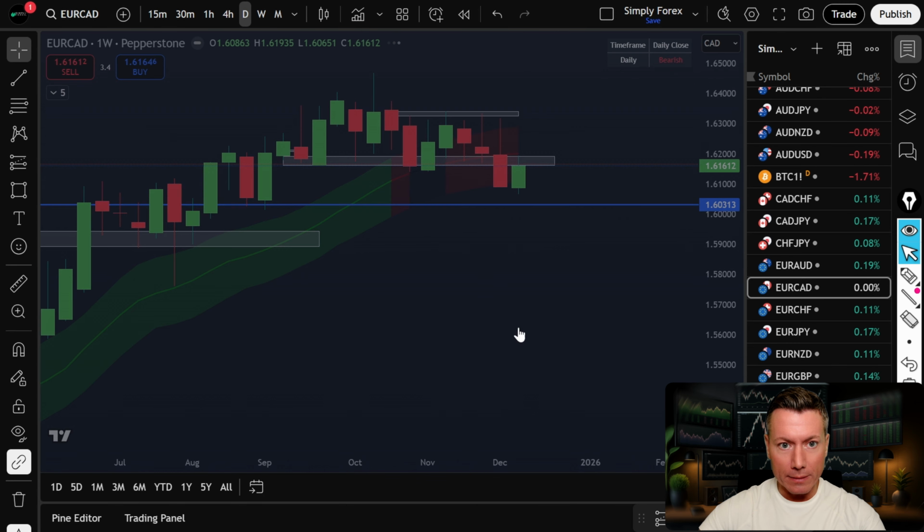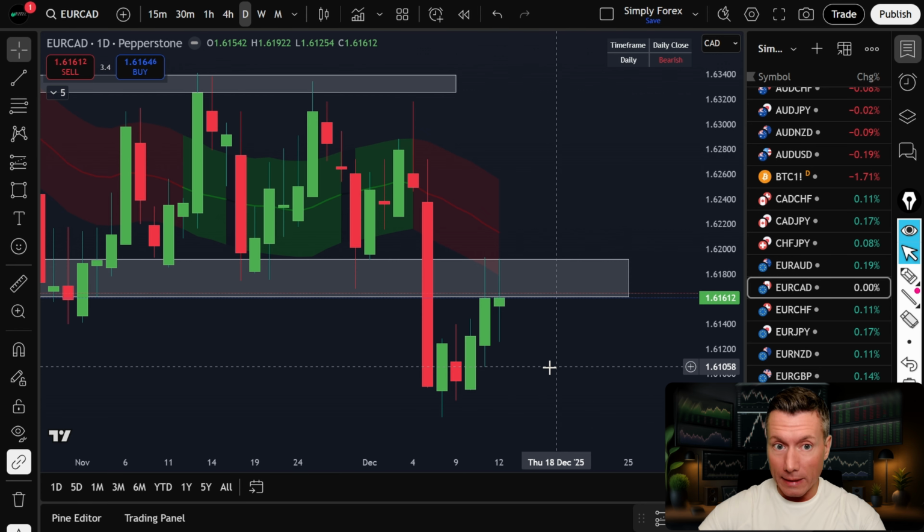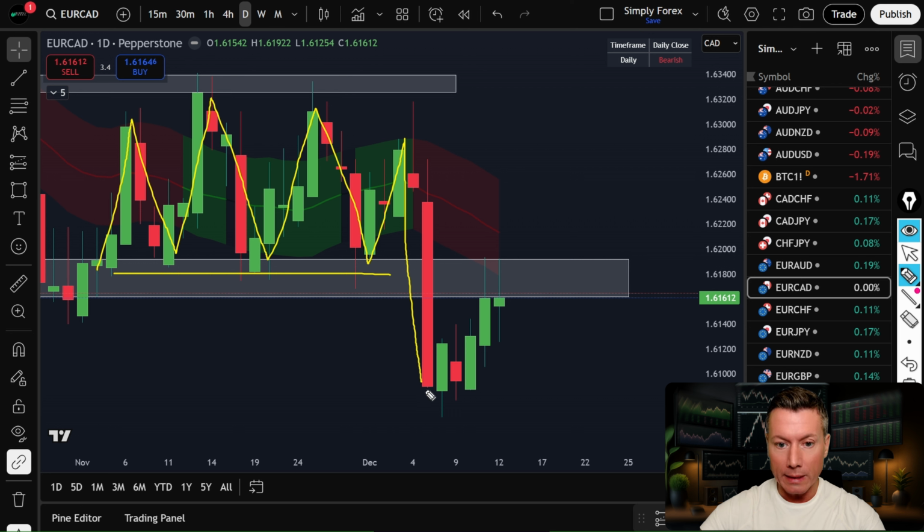If we drop down to the day chart now, like Canadian dollar Swiss franc, this could be a really nice setup for Monday morning. You can see on the daily that we were just kind of ranging here, then break of structure. We broke all of these lows in here. We've had a nice retrace to this level.